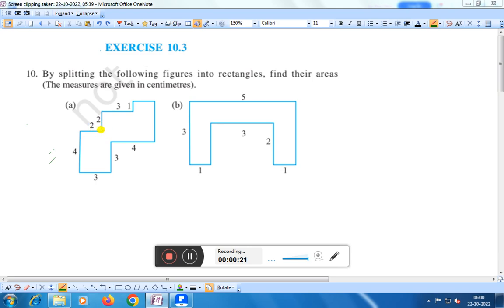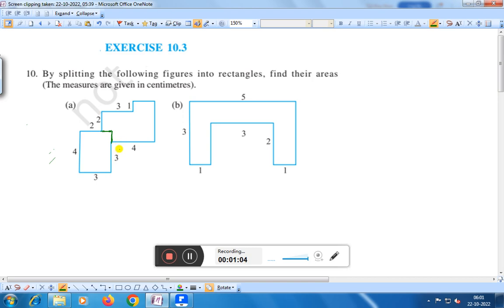Suppose the first rectangle is this one. I make a rectangle like this. Now here you see this is 4 centimeter, and this is also 4 centimeter, and the length of this line is 3 centimeter.